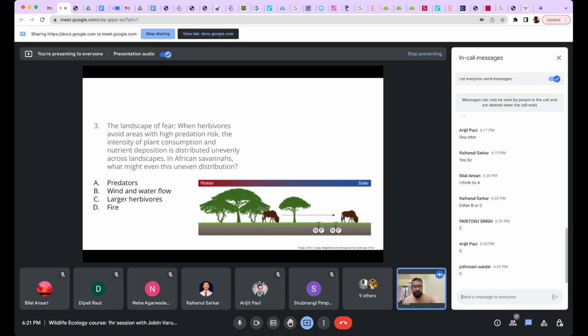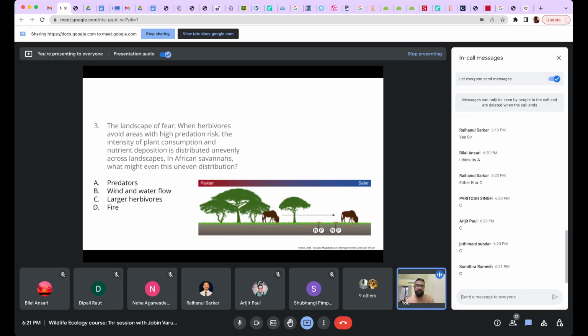Jyotimani also says C. Paritosh says C. Bilal says A. Raihanul says either B or C. Okay, I understand. Sumitra says C. Okay, I got enough answers.